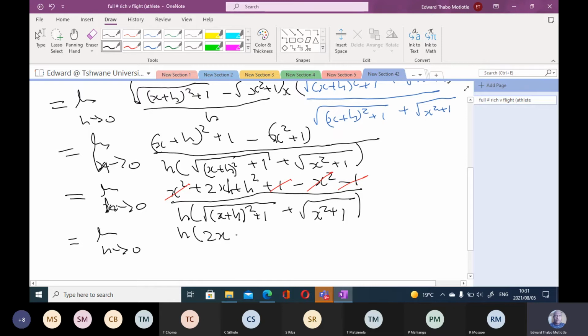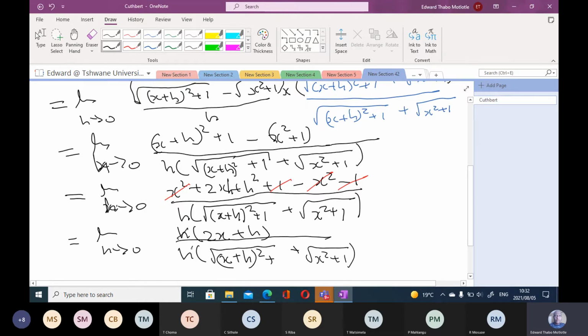You have 2x plus h all over h times the square root of x plus h squared plus 1 plus the square root of x squared plus 1. So h and h cancel out.